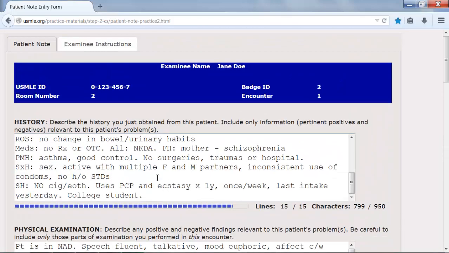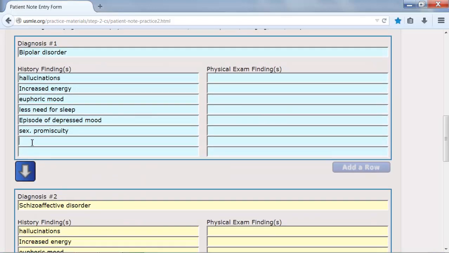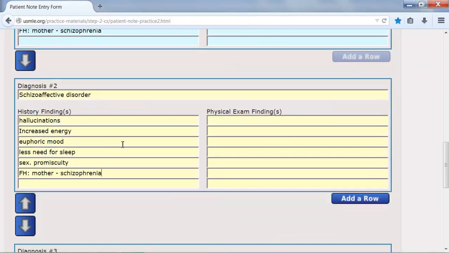Okay, and one more finding. History of schizophrenia will go for bipolar, and here also.